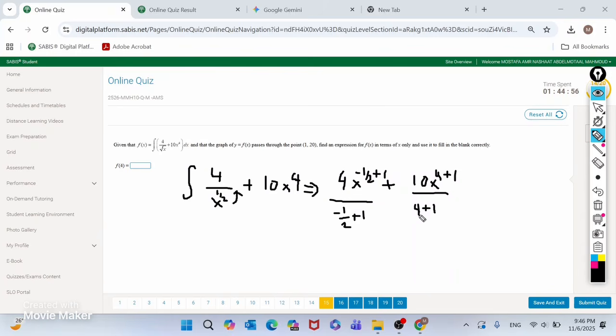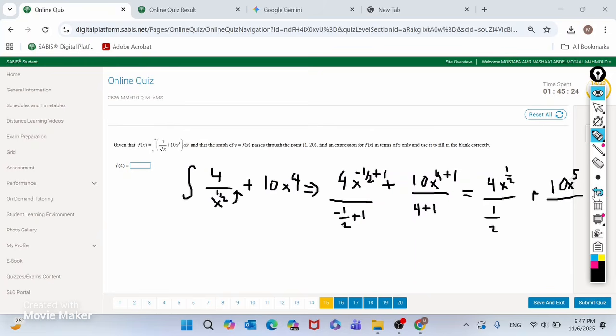Simplify it, you're going to get 4x to the power of 1 over 2 over 1 over 2, plus 10x to the power of 5 over 5.